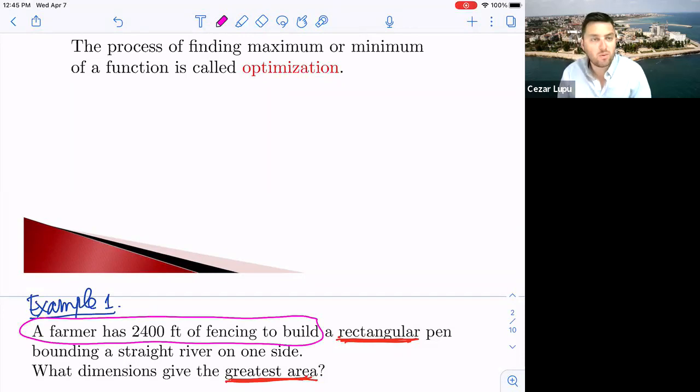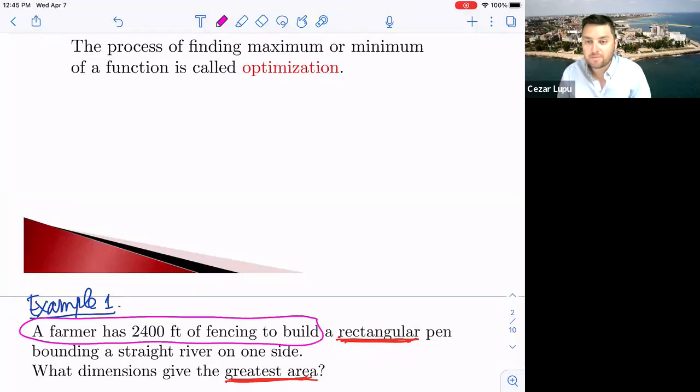First, what did we say when we dealt with related rates problems a few lectures ago? The first thing that we needed to do was to draw a picture, right? Do you remember that? So we need to draw a picture.